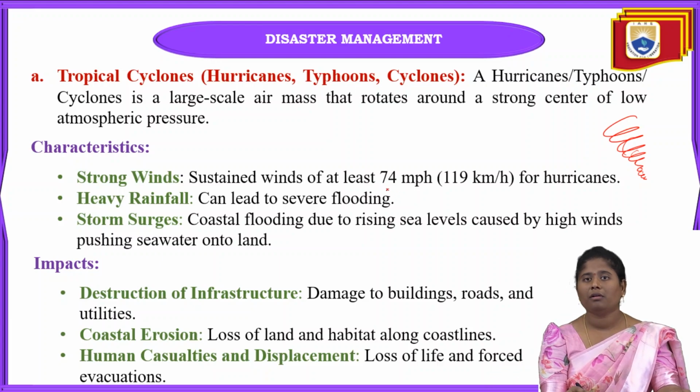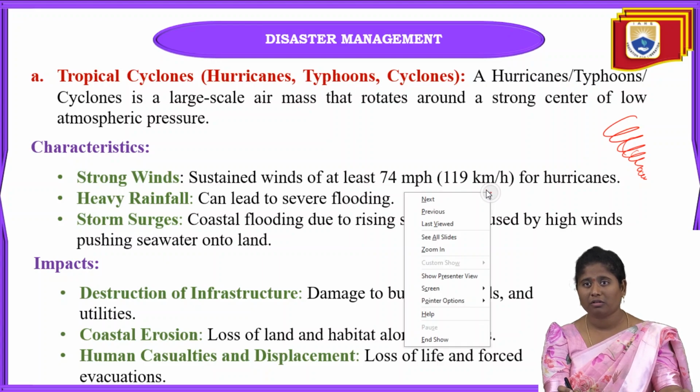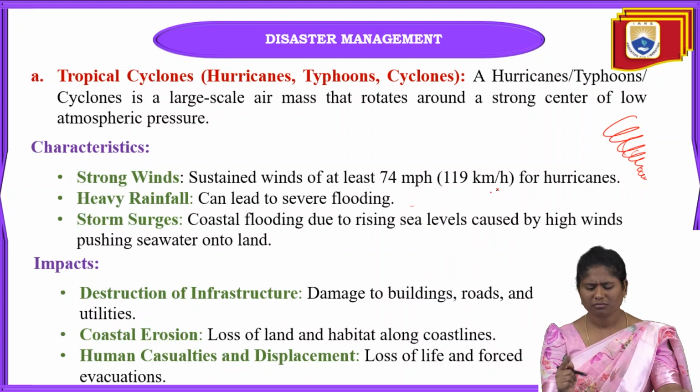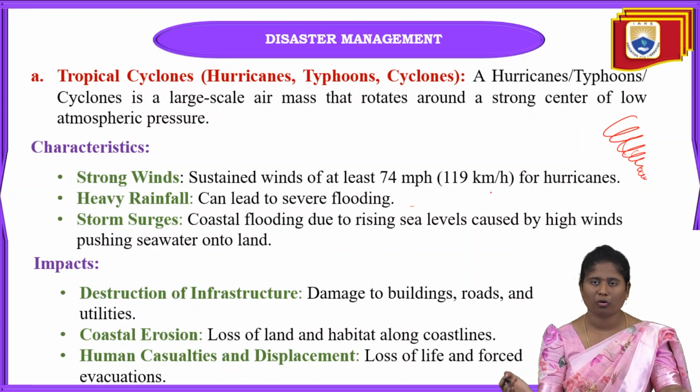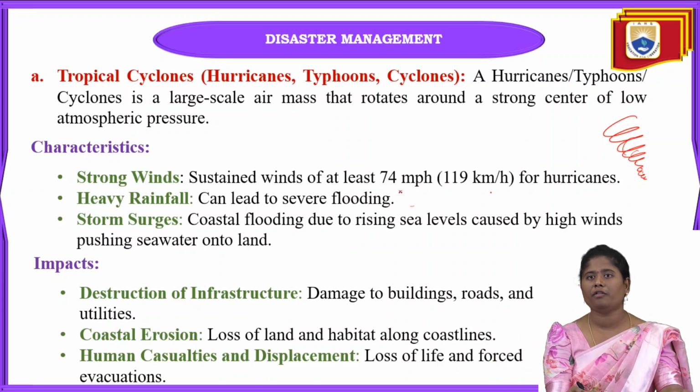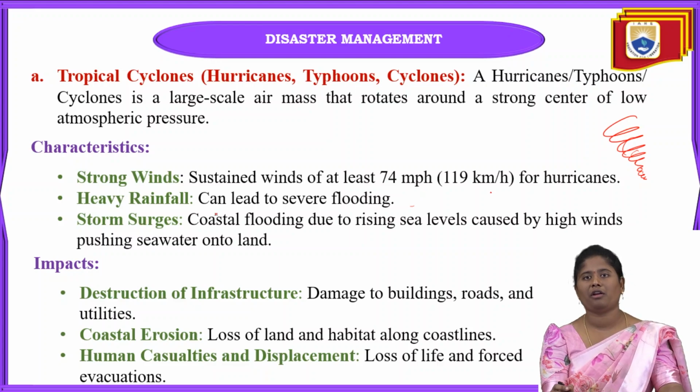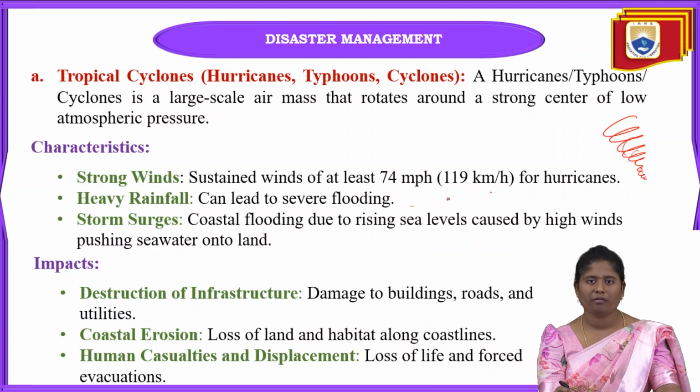These winds can reach up to 119 kilometers per hour, that much it can rotate. That much strong wind can be generated, and that causes hurricanes or tufans or cyclones, almost 74 miles per hour. And next one is heavy rainfall, and this heavy rainfall can lead to severe flooding.